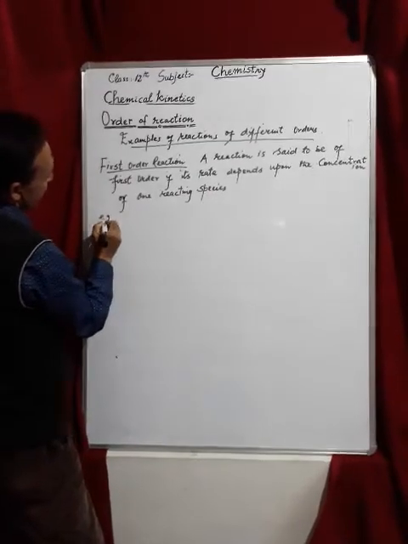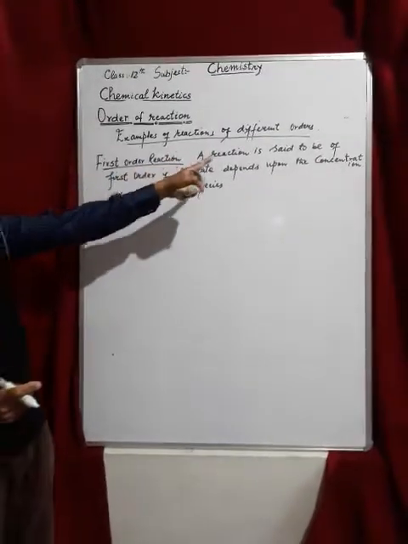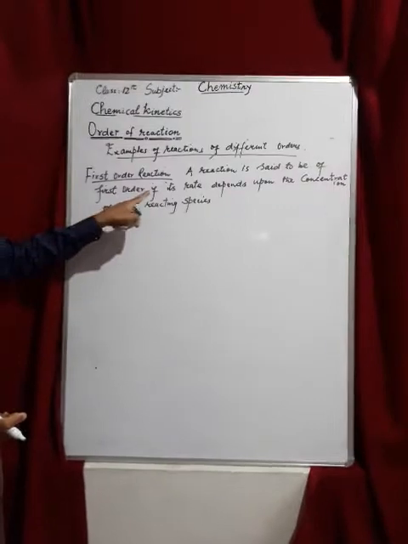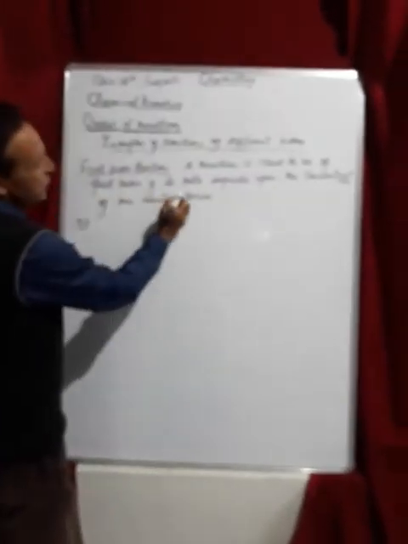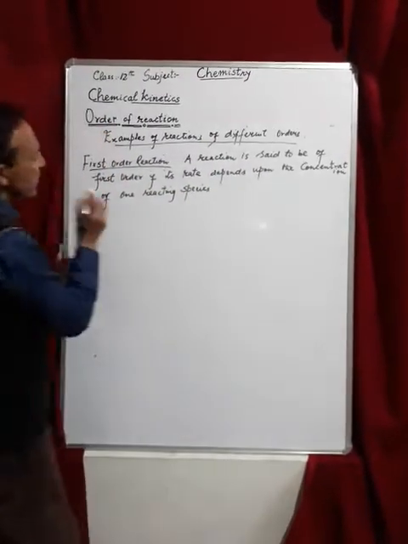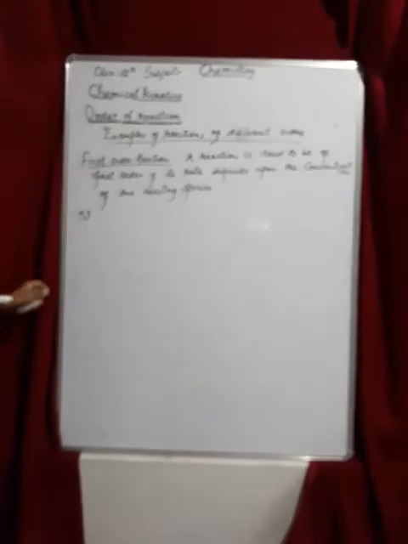So a reaction is said to be of first order if its rate depends upon the concentration of one reacting species.